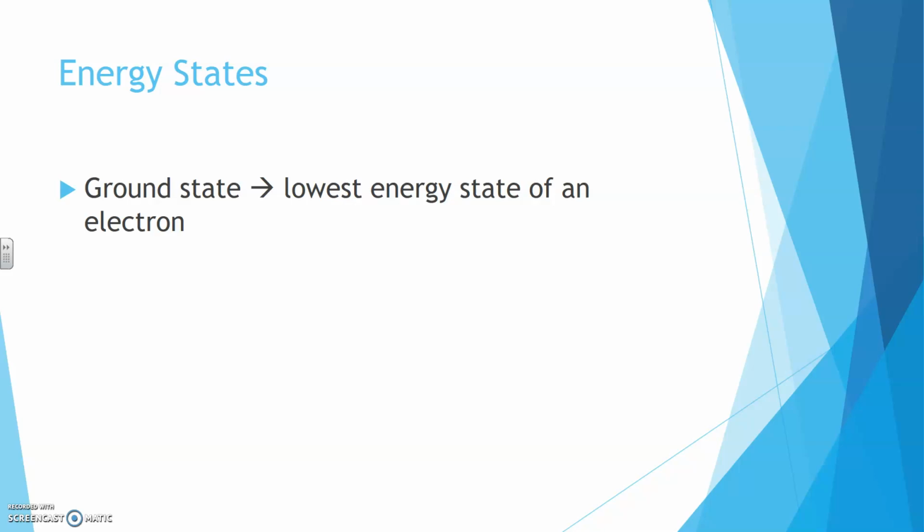So talking about this, we have electrons in their ground state on these atoms. That is the lowest energy state of an electron. It's where they're happiest, okay? They don't have too much energy, so they're not trying to fly off the atom, and they don't have too little energy where they can't do anything. Okay, so the ground state is where they're happy, they're moving around the atom, just hanging out, being chill, okay?